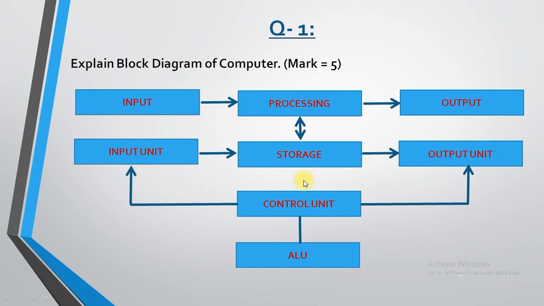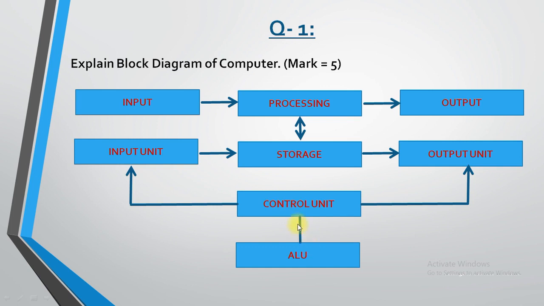So remember one thing, that storage and control unit are not directly connected with each other. How is it connected? Through the input unit. It will transfer data into storage, storage will transfer data into the output unit, and the control unit controls data related with the input as well as the output unit.